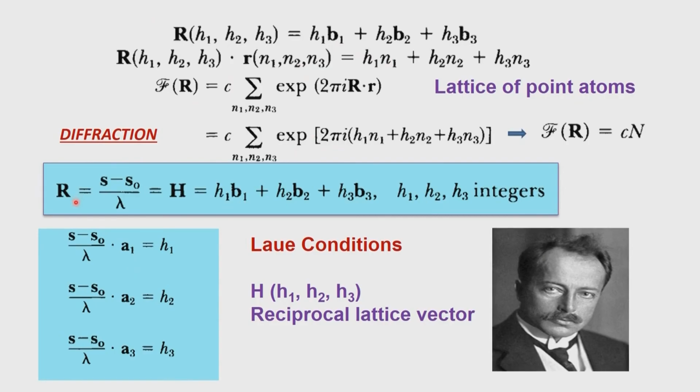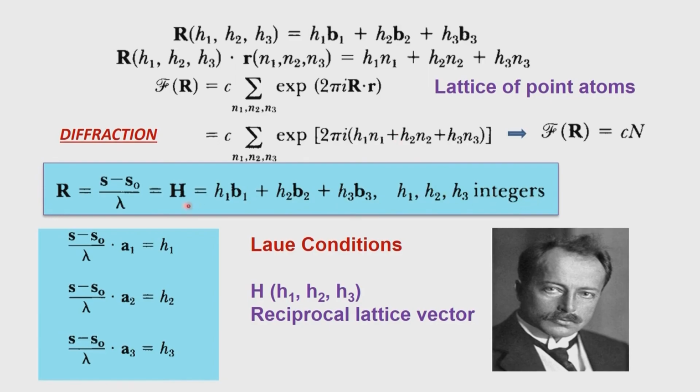If you take R, R is now (S minus S naught) by lambda, we know this. This is the scattering vector. This is the direction of the scattering vector, its magnitude is 2 sin theta by lambda, we have just calculated that. Now, this becomes vector H, and this vector H will not be all over the place, it is not a continuous function now. It will happen only if this value is satisfied, when it is h1 b1 plus h2 b2 plus h3 b3, h1, h2, h3 being integers.